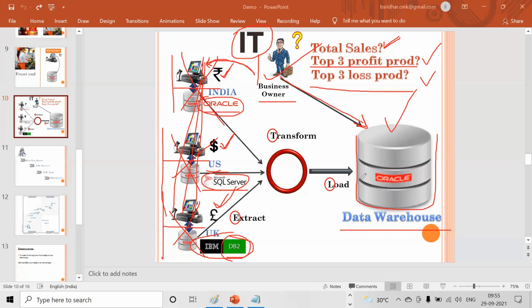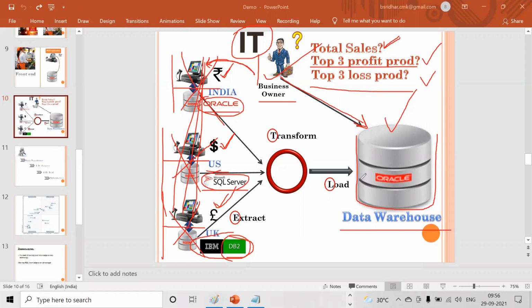So let's say top 3 loss making products. These are pre-calculated and loaded in the data warehouse. And if you want this from the last 1 year, you can see the last 1 year data. And if you want to identify the product which is consistently present in this particular loss-making list, you can see that also.